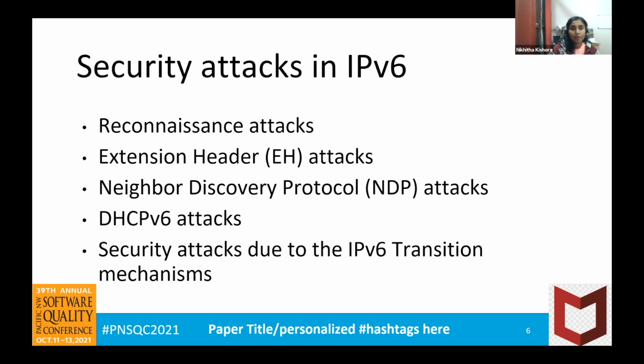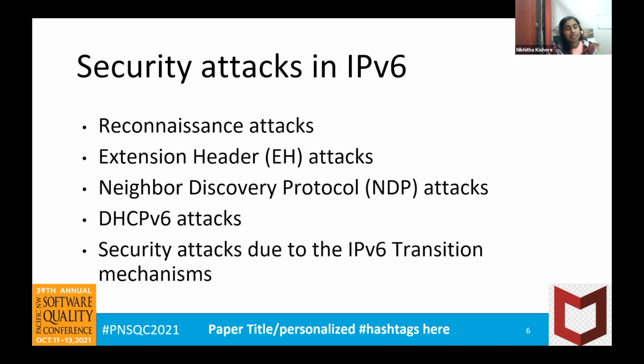But in the case of IPv6, that is not possible. It's very cumbersome with IPv6 because if you do a ping sweep with the number of IPv6 addresses that are possible in a LAN segment, you are just going to wait forever. So ping sweep is definitely not possible, but attackers have found new ways by taking advantage of vulnerabilities in DNS and DNSSEC, etc. And you can definitely do a reconnaissance attack.